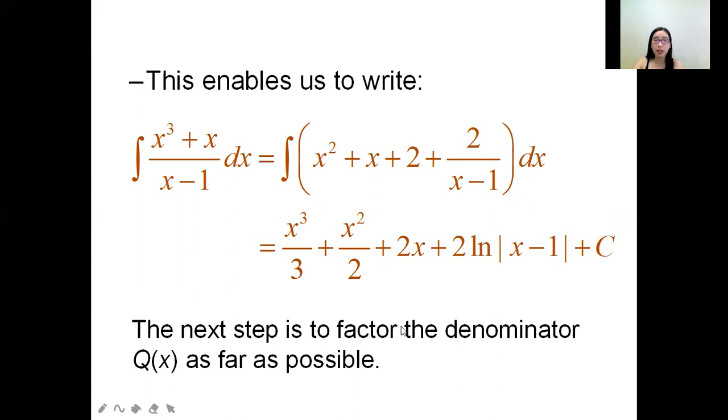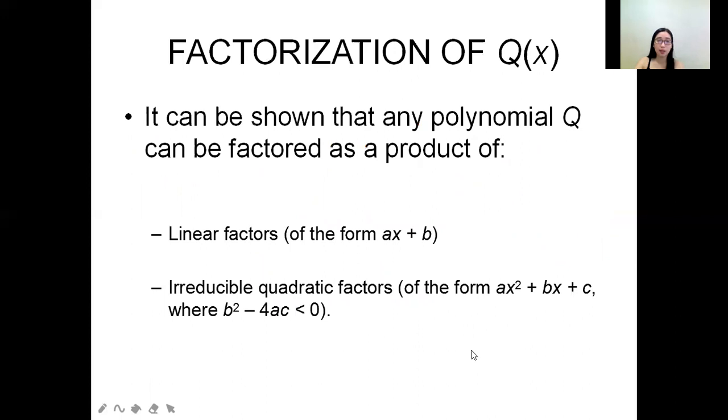So the next step is to factor the denominator q of x as far as possible. So, mo-insert na po si factorization of q of x. It can be shown that any polynomial q can be factored as a product of linear factors of the form ax plus b, kung linear siya, or irreducible quadratic factors.